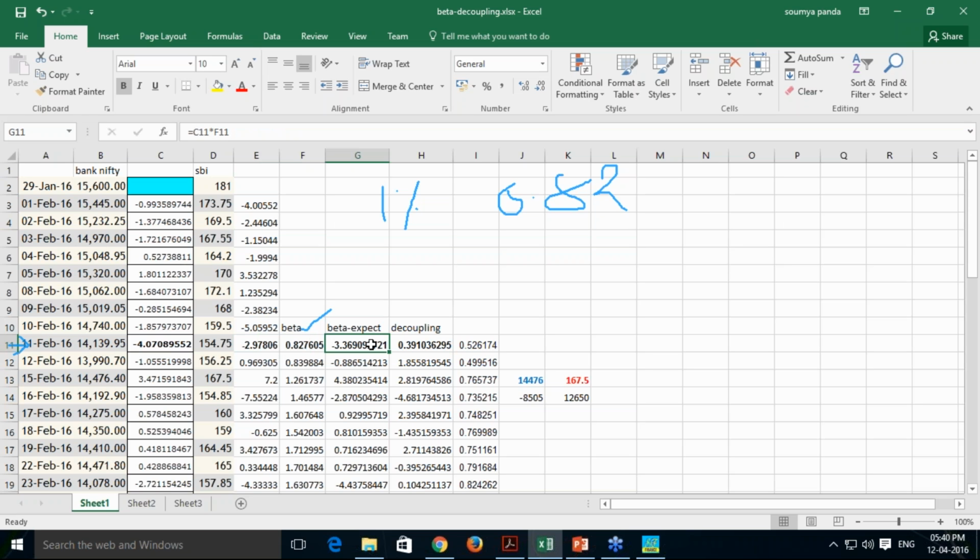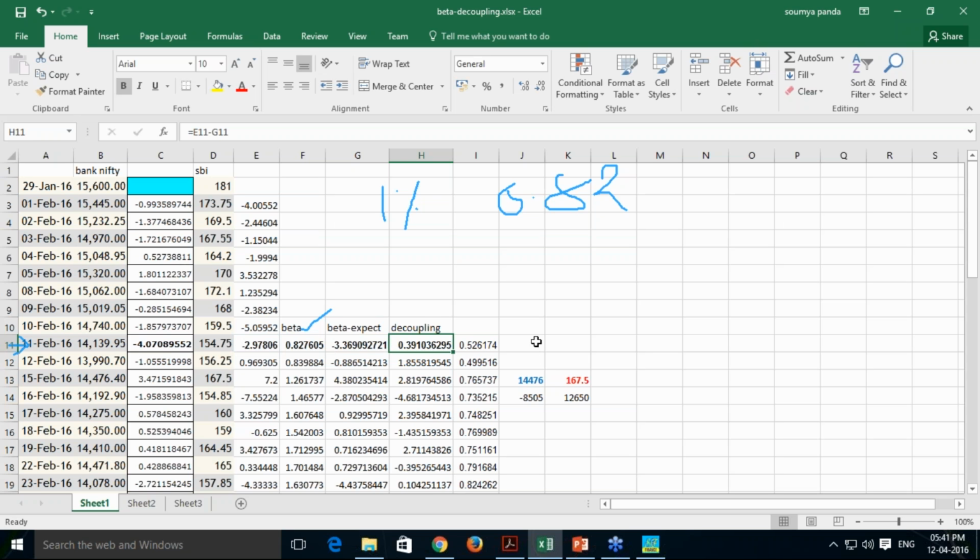As per beta expectation, it should have changed by 3.36%. So 3.36% was expected, however it moved only 2.97. This is the decoupling value it has added. It has a positive decoupling value.